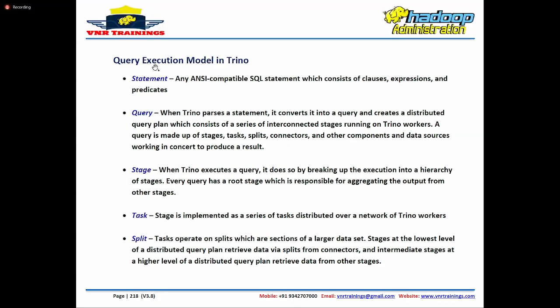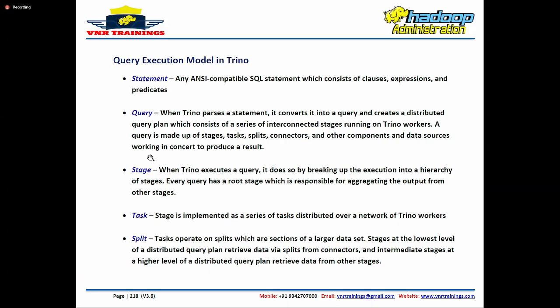Now the query execution model. First, you give a SQL statement, which consists of clauses, expressions, and predicates. This is a normal SQL statement. When Trino parses the statement, it converts it into a query and creates a distributed query plan, which consists of a series of interconnected stages running on Trino workers.